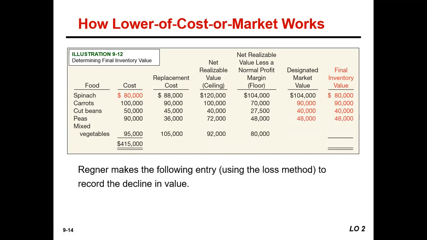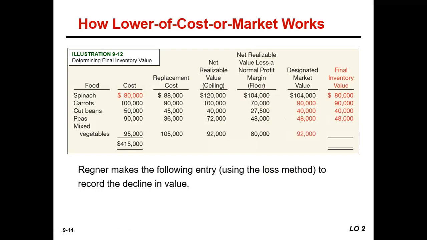All right, the peas, what do we got? Cost of 90,000, replacement cost 36, net realizable value, that ceiling, is 72. The floor is 48, gives us that designated market value of 48,000. We're using the lower of cost or market, so we're going to use that 48.